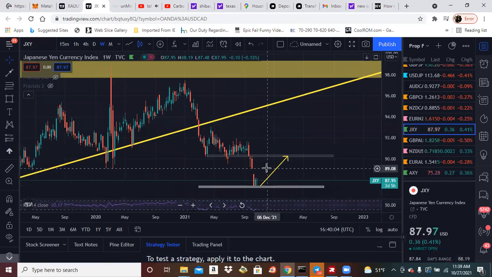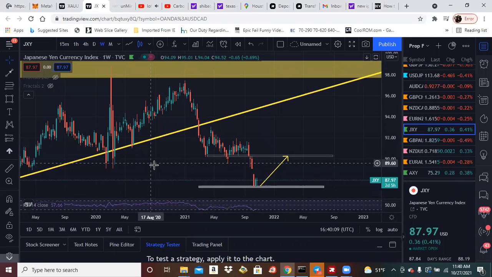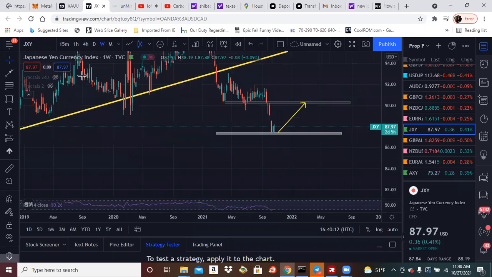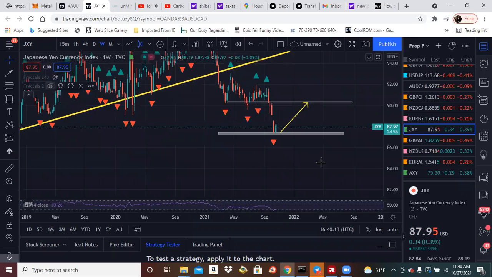So all JPY pairs are probably gonna dump because this is the Japanese yen currency. We have a fractal on the weekly, so it's gonna pull back to this area. That means GJ, NJ, and all of them are probably gonna dump. And if AJ is dumping, then AU is going to follow suit.